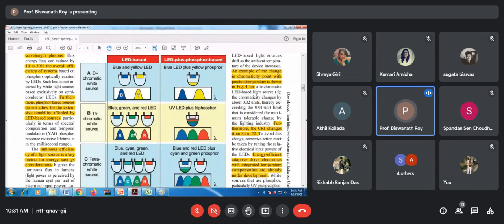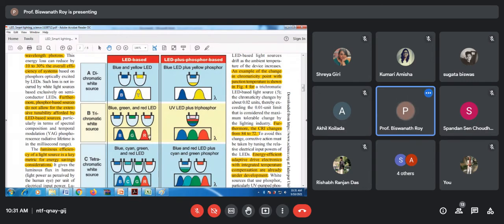You cannot modulate the spectral composition. Those types of lamps we now call conventional lamps. What you can do is just dim. We can apply the dimming approach. We can reduce its light output from rated light output to a lower value by electronic means, by controlling the input power to the lamp. But we cannot change its spectral composition.